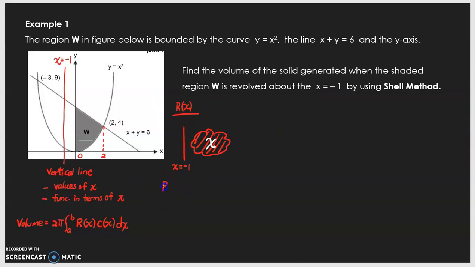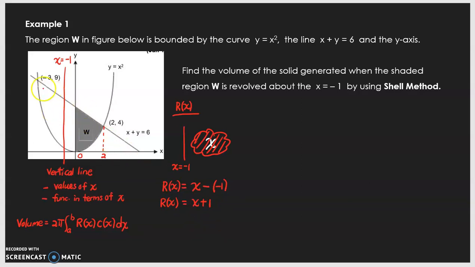So our r(x) will be equal to x minus the left hand side, which is -1. So here is x plus 1. So this is our r(x), x plus 1.